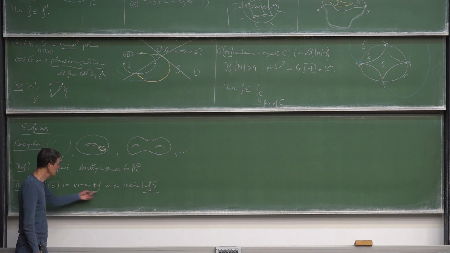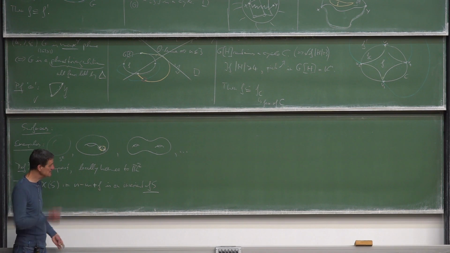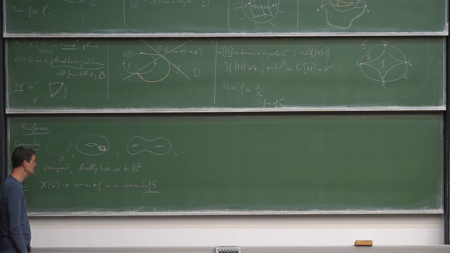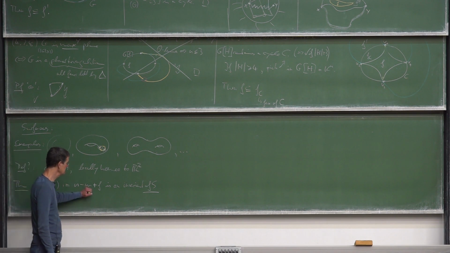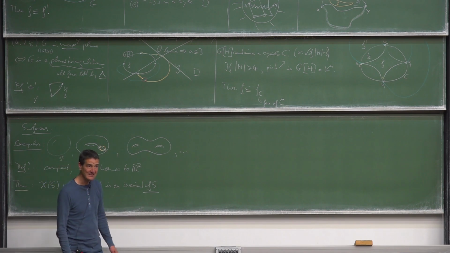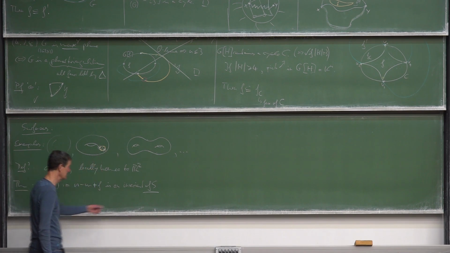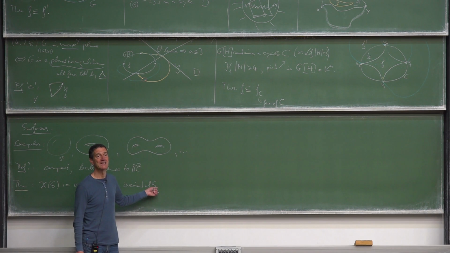So for every graph that satisfies this very weak requirement that every face, every equivalence class of points of the surface minus that graph, is a disk, you count the number of vertices, subtract the number of edges, and add the number of faces, and you always get the same number that depends only on S and not on the graph.